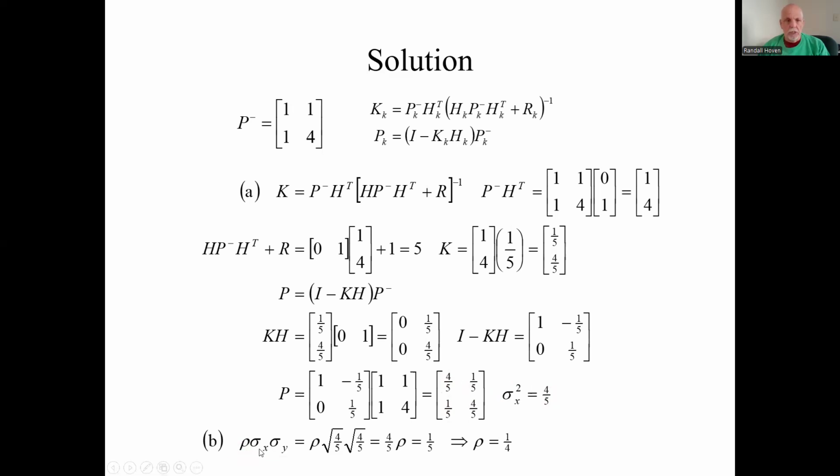The correlation coefficient and sigma X, sigma Y. Sigma X and sigma Y are the square roots of these main diagonal terms. And we're trying to solve for the rho. We know when you multiply this out, the answer is 1/5. So we can solve for rho. So there's the correlation coefficient.